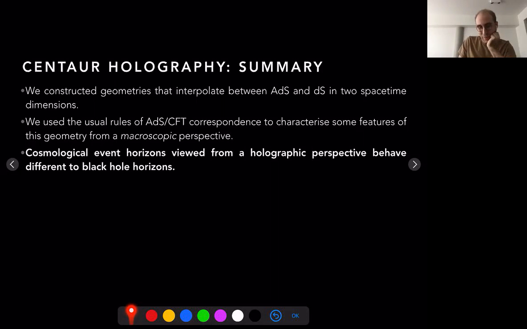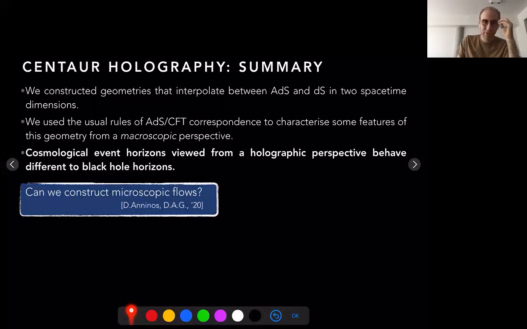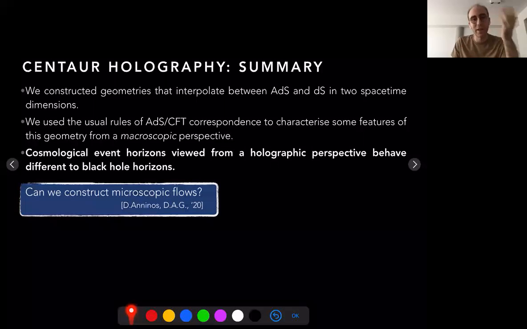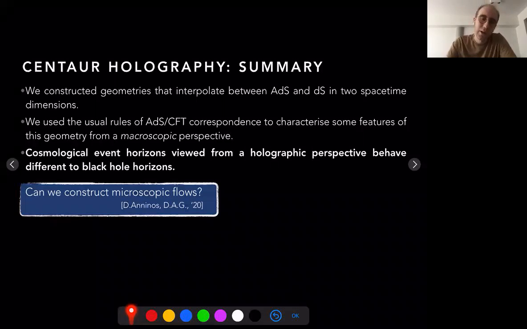So we have many questions about the microscopic realizations of these types of flows from AdS to dS, and we started analyzing these things with Dionysios in a paper that came out a month or 2 ago, where we first tried to strengthen a little bit the holographic dictionary in 2 dimensions in order to translate these macroscopic features into microscopic observables.